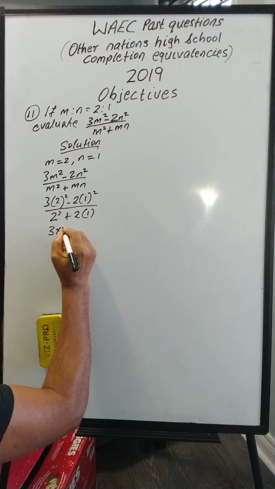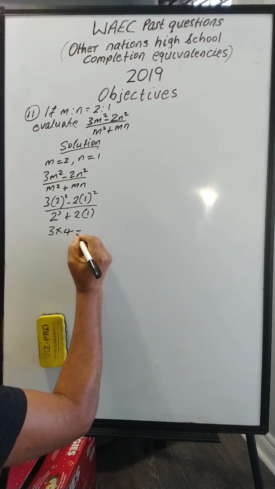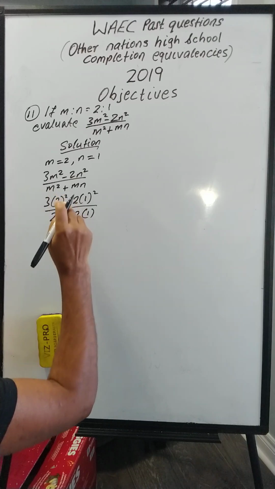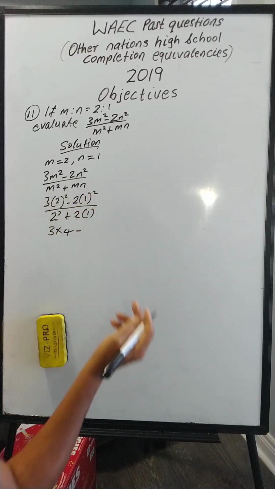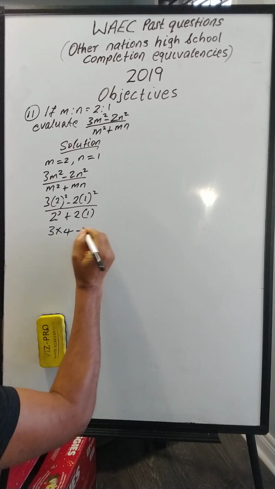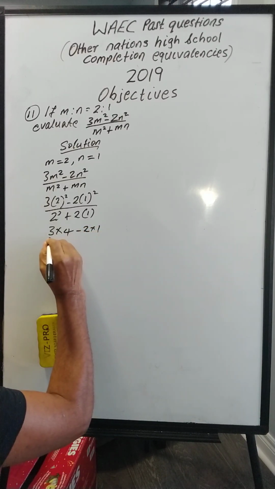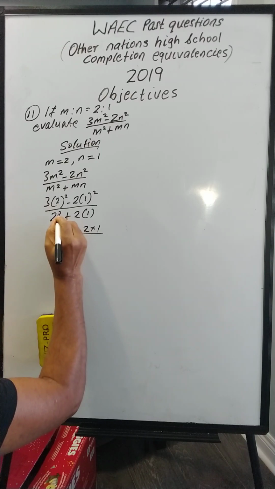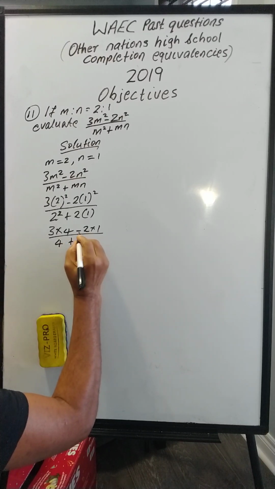This is 2 squared, which is 3 times 4, because remember that 2 raised to the power 2 is 4, and 1 raised to the power 2 remains 1. So this is 2 times 1, all over 4 plus 2.